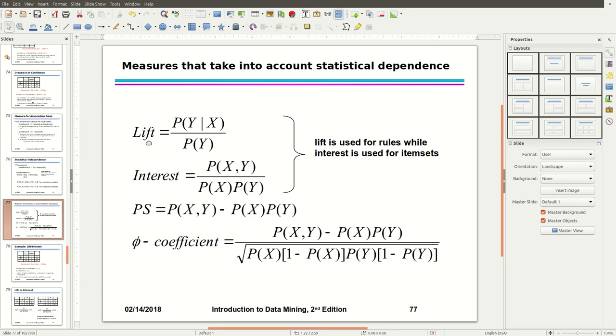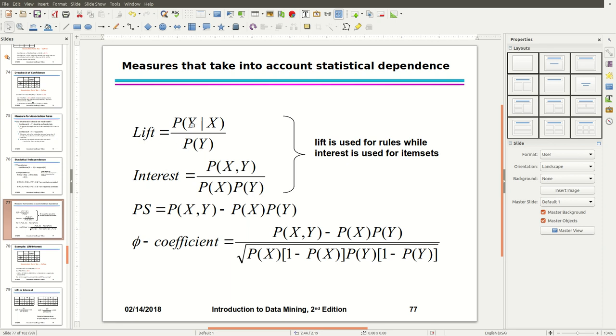I can use lift, interest, PS, or the phi coefficient. Lift is used for rules while interest is used for item sets. So this is something to keep in mind. We are looking for interest in the item sets, but we will be using lift to evaluate rules.